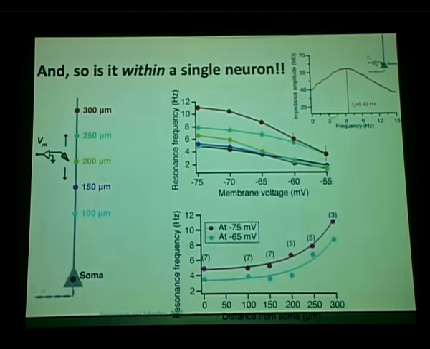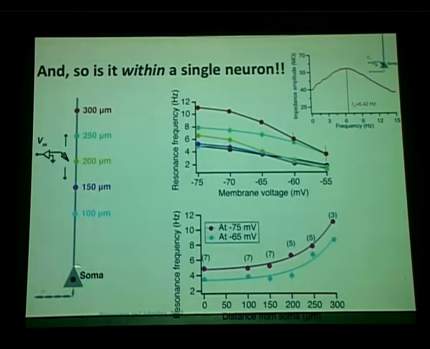So you have these neurons responding to different frequencies, but it's not like the resonance frequency at the soma is the same as the resonance frequency at the dendrites. If you move along this topograph, the somatoapical trunk of this neuron, you will see that adjacent locations respond to adjacent frequencies, and there is an increase in the response frequency.